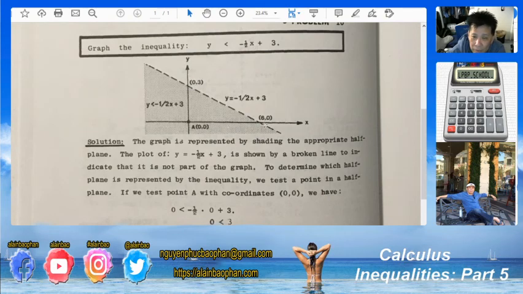And then the second, we pick the x-intercept. For the x-intercept of this straight line, y must equal 0. So you replace y with 0 here, and you get the equation 0 equals minus 1/2 x plus 3. You move the 1/2 x to one side, you get 1/2 x equals 3.